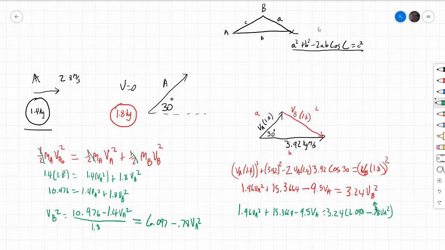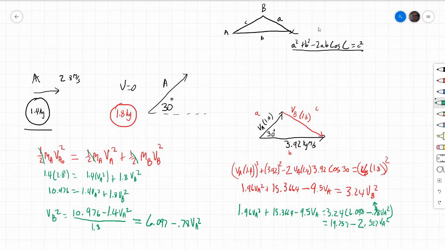And then I just need to combine like terms, and so 3.24 times 6.098 is 19.757, minus 0.78 times 3.24 is 2.527, so 2.527 VA squared. And I still have the left side.